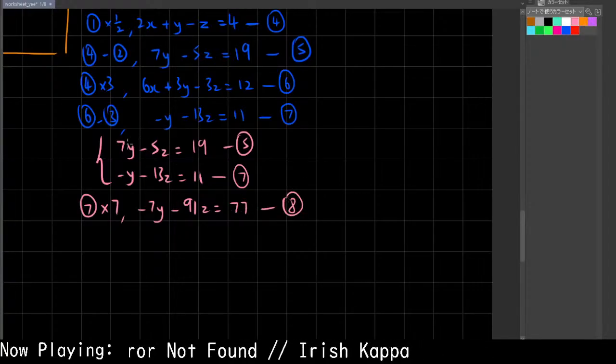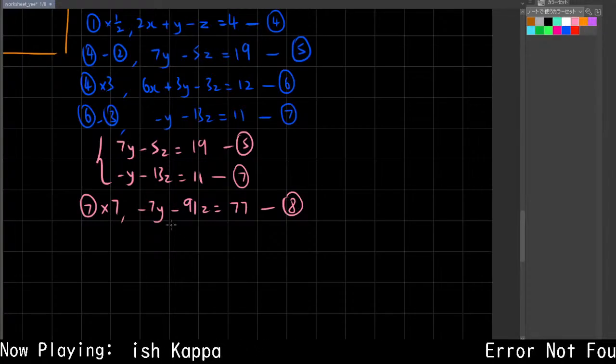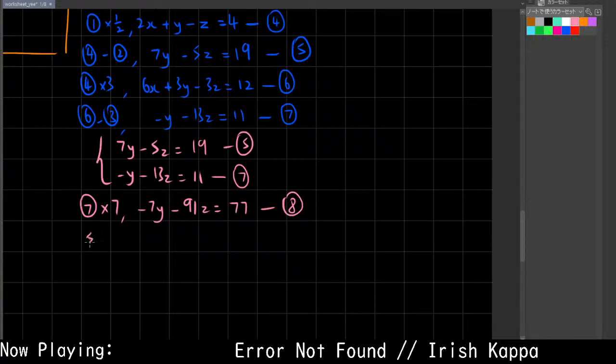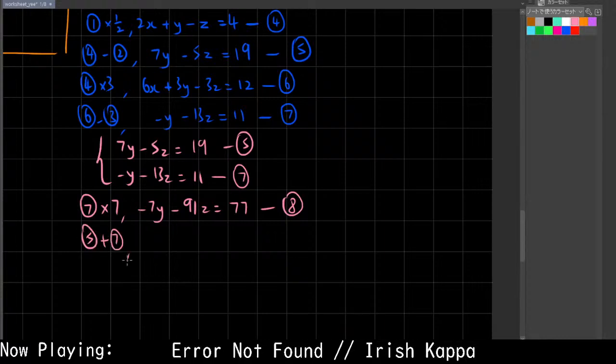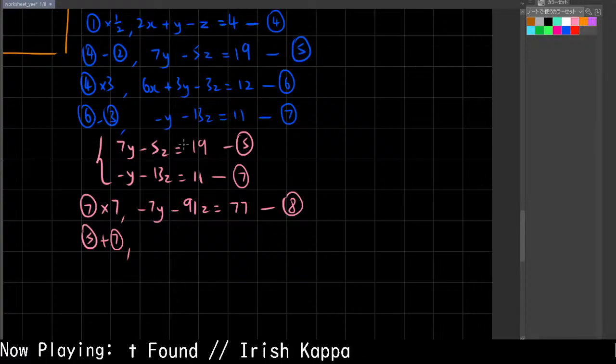Then if they have the same sign, you minus. If they are different sign, you plus. So because 7y, if I add negative 7y, it will cancel each other out. If I use minus, it will actually add up together, you get 14y instead, so it's a different thing. Therefore, I will need to use plus over here. 7y plus negative 7y gone.